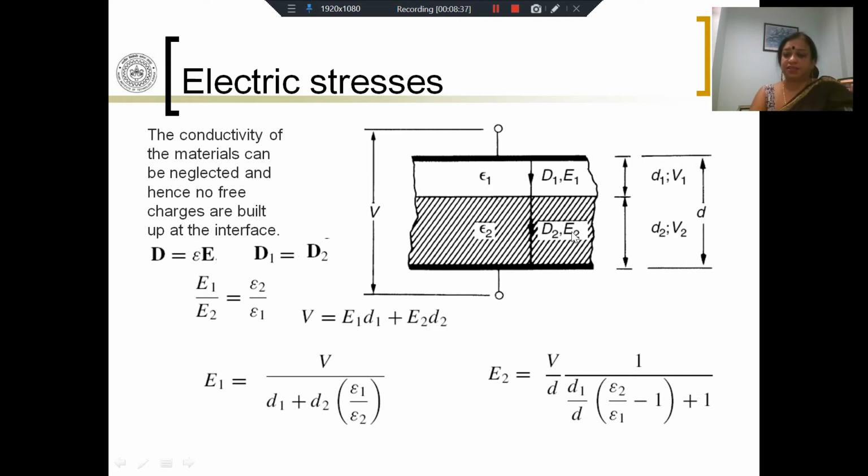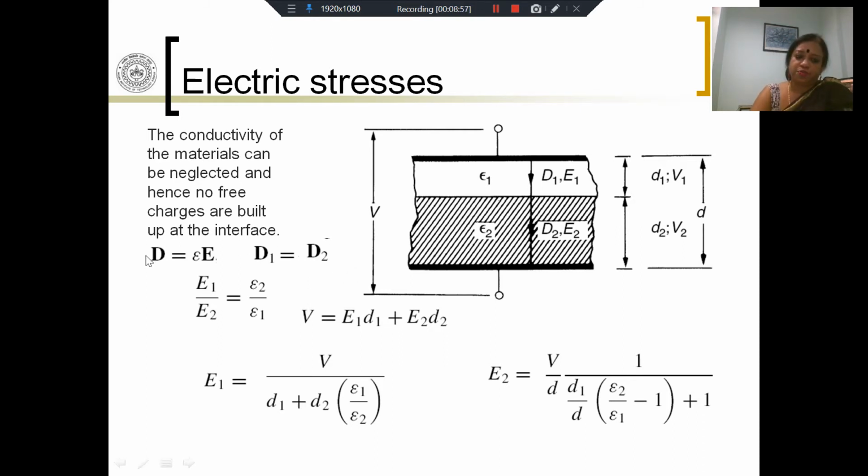So these are the flux densities and the electrostatic fields in the two materials. Now let me also assume that there is no free surface charge at the interface between these two materials. So there is no accumulation of free charge. We're not talking about bound induced charges.